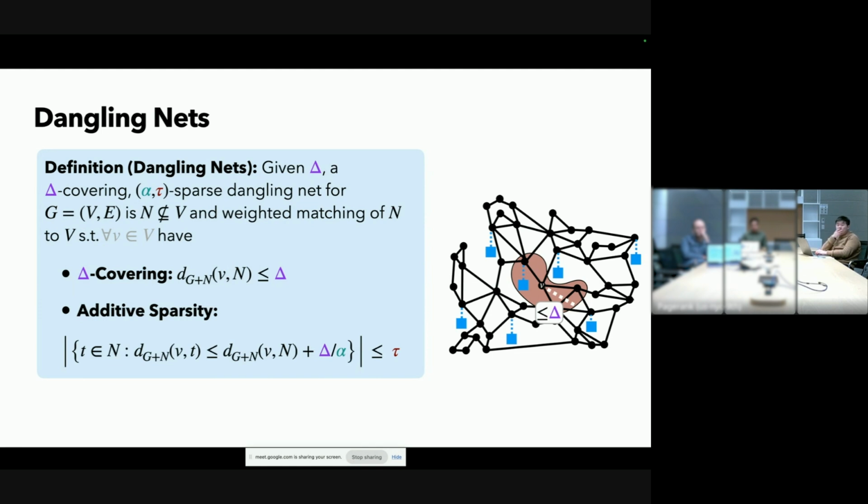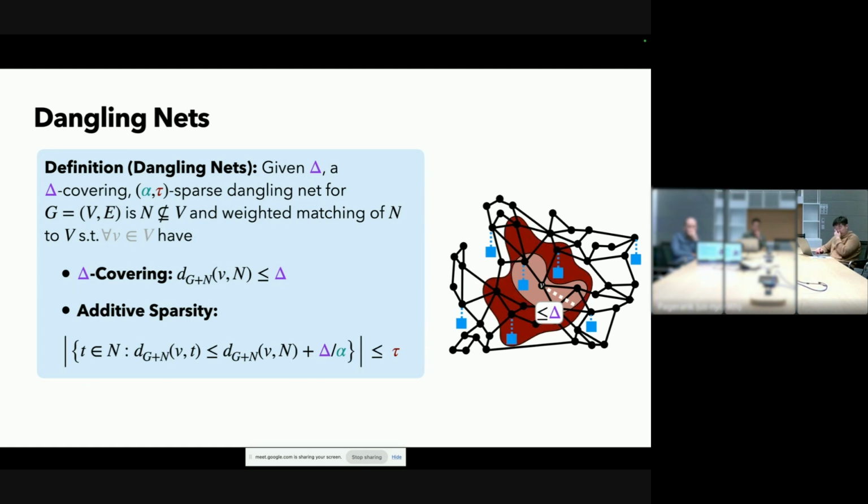So the picture here is you look at this vertex V, it has to travel some distance until it finds some net vertex. And then if it explored a little bit further, an extra delta divided by alpha, it would find not that many new net vertices, at most tau. In this case, it finds a total of 3. So maybe tau is 3 here.